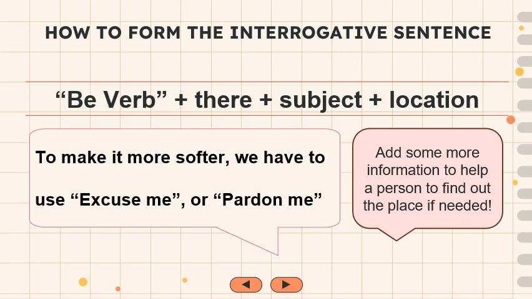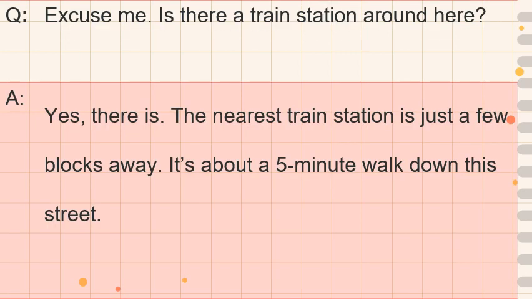To make it softer, we use excuse me or pardon me and add some more information to help a person to find out the place if needed. For example, question. Excuse me, is there a train station around here? We use excuse me only to make it softer.